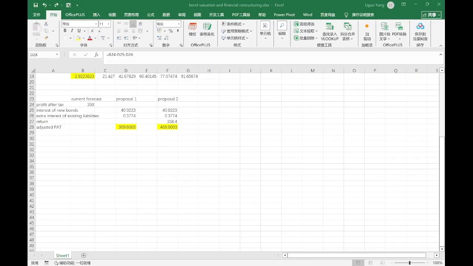We are also required to restructure the financial position. So let's go ahead with it.